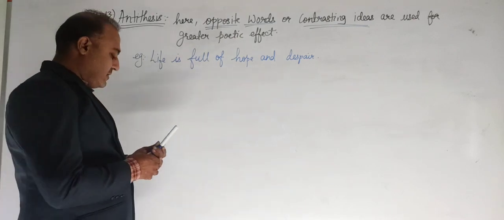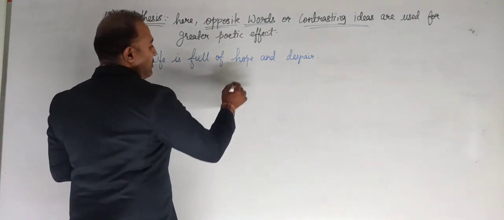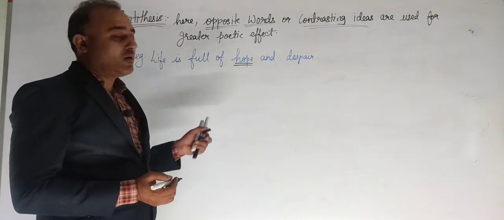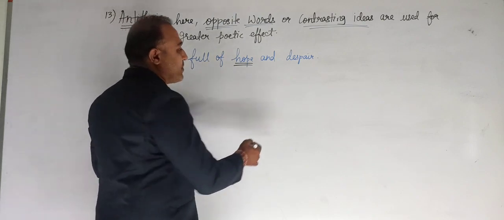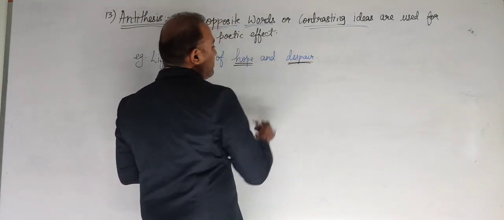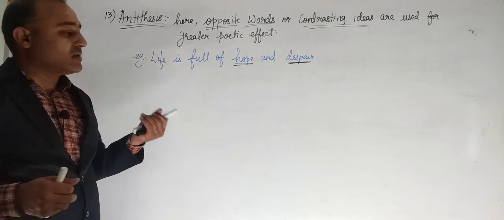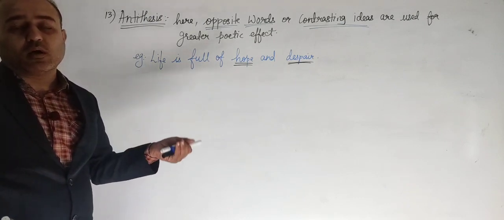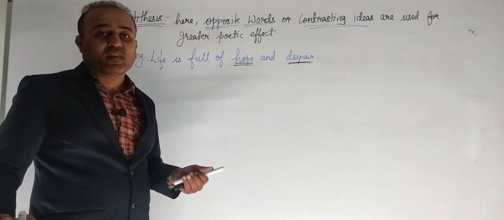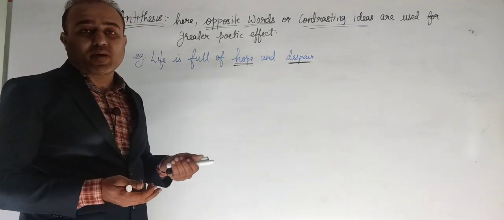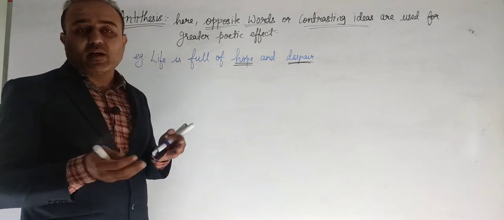So again, if we find out the words full of hope, a person who is very positive always remains hopeful. Despair is opposite of hope, which means the person who has lost hope or a person who is in hopelessness, right? So that person is said to be in despair, right? A person who doesn't have any kind of hope.